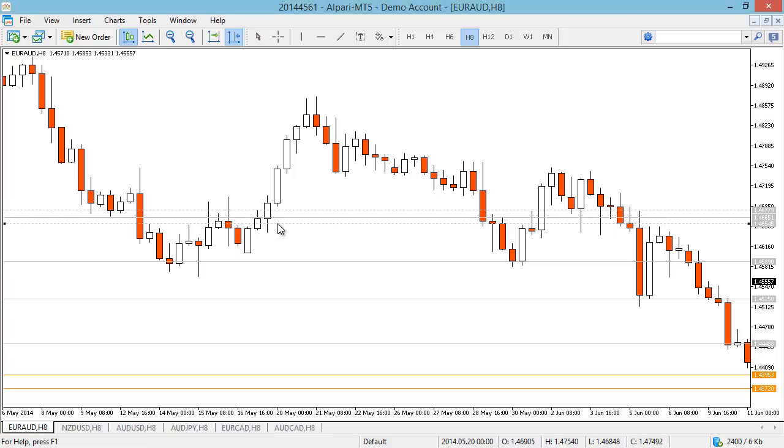So, does anyone have any questions so far relating directly to support resistance? Not questions about how do I open an order on MT4, just directly about what we're talking about right now.